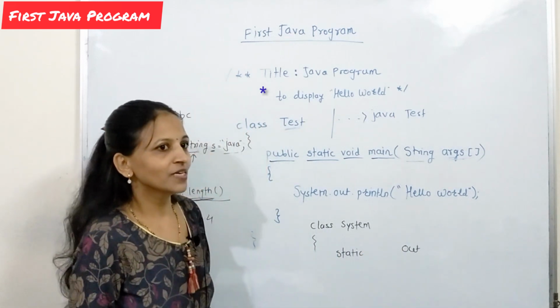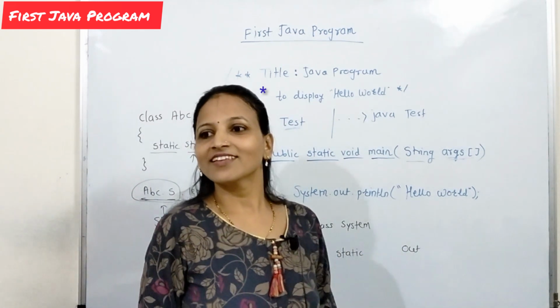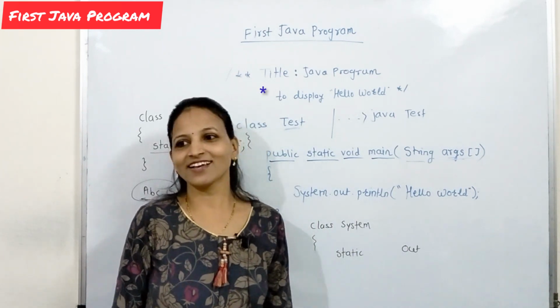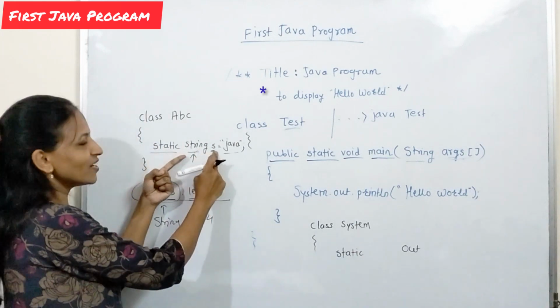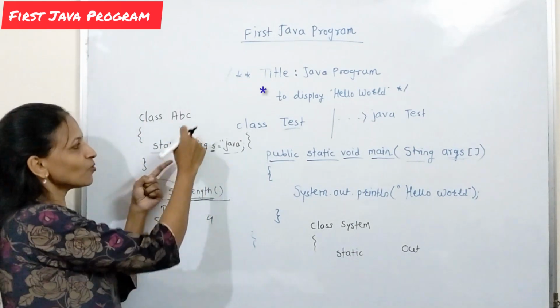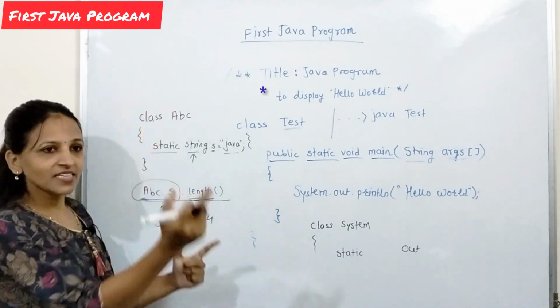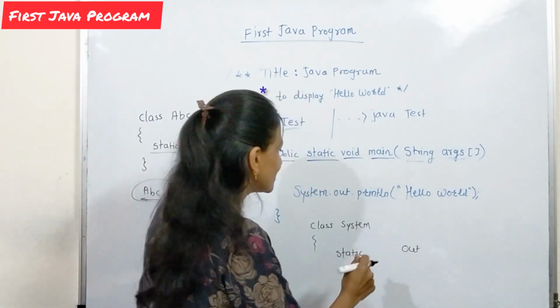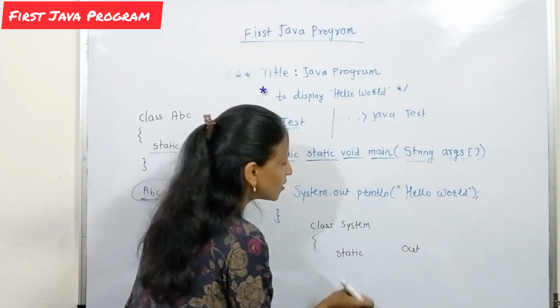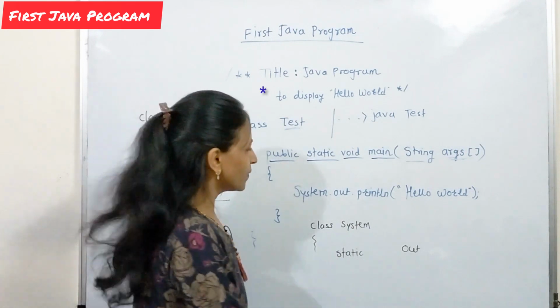The data type is the PrintStream class. There is a PrintStream inbuilt class, and out is a member of this System class. Getting? PrintStream.